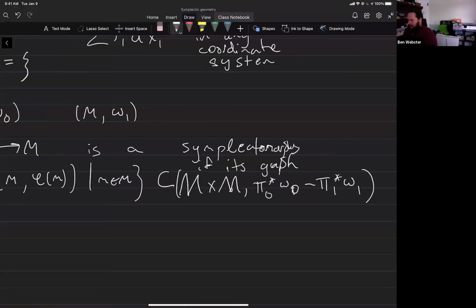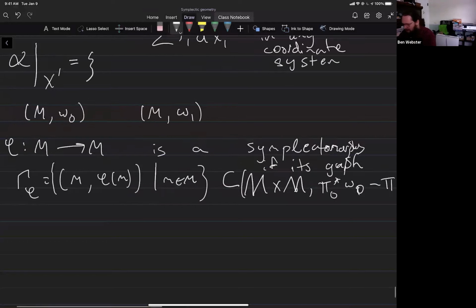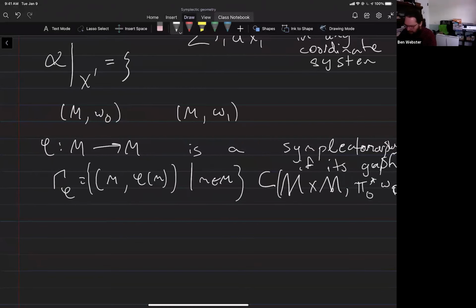I'm taking the product manifold and almost constructing the obvious way to put two symplectic forms on the product, but I have this funny minus sign that shows up.